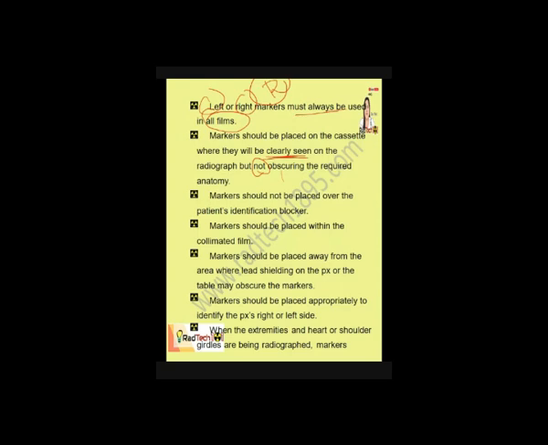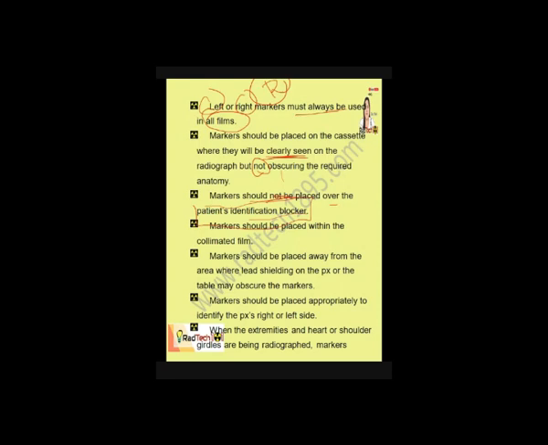Later, I have their images to make the discussion clear about what I mean by additional lead markers. Markers should not be placed over the patient's identification blocker. The lead marker I mentioned earlier on our radiographic cassette is also called a patient's identification blocker. That is where we put the patient's information.